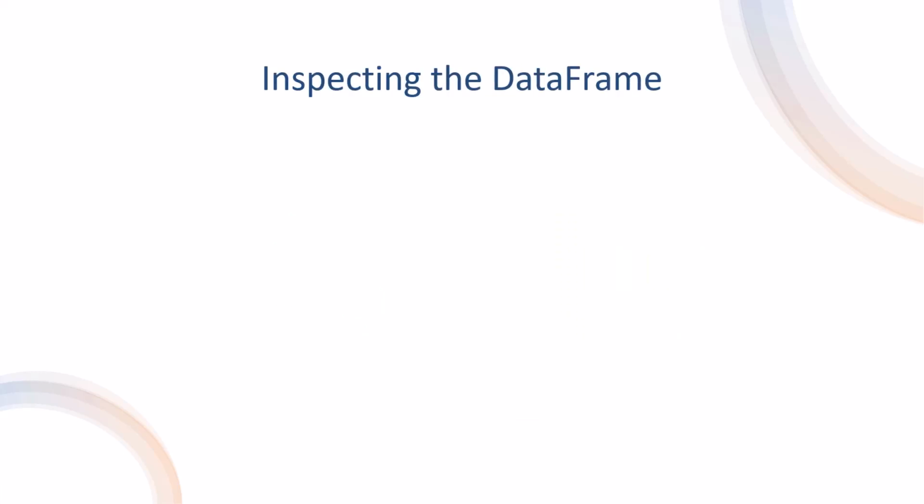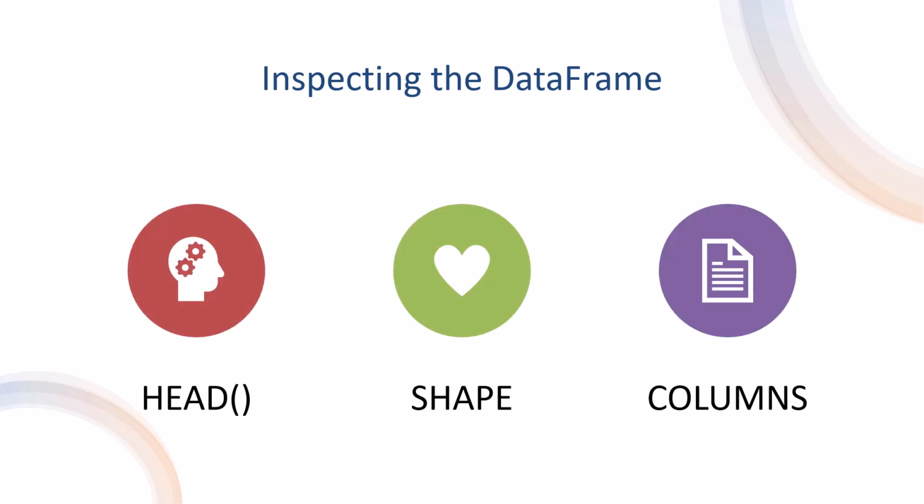Once the data is loaded, the first thing we should do is inspect it. We typically start by previewing a few rows, checking the size of the dataset, and confirming column names. This step helps us verify that data was read correctly before doing any analysis.